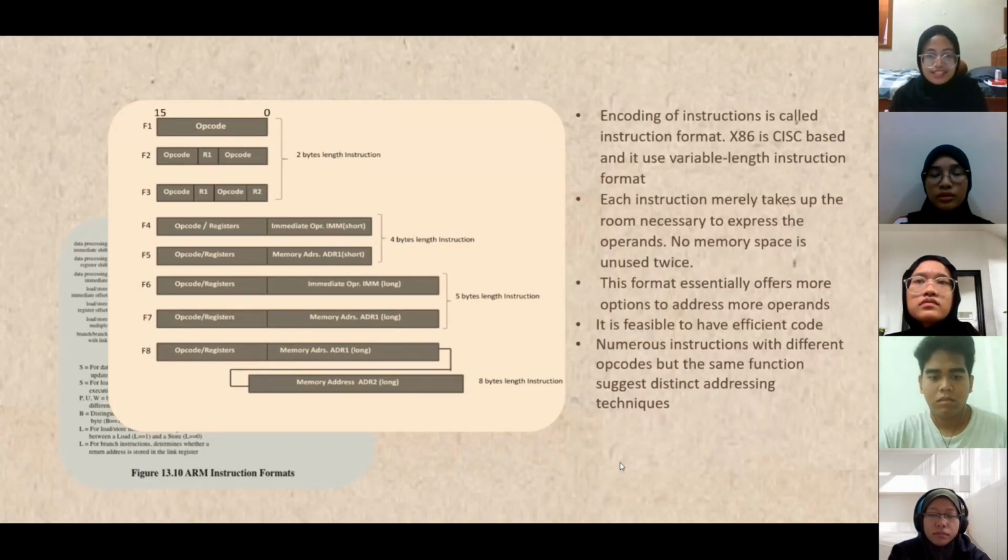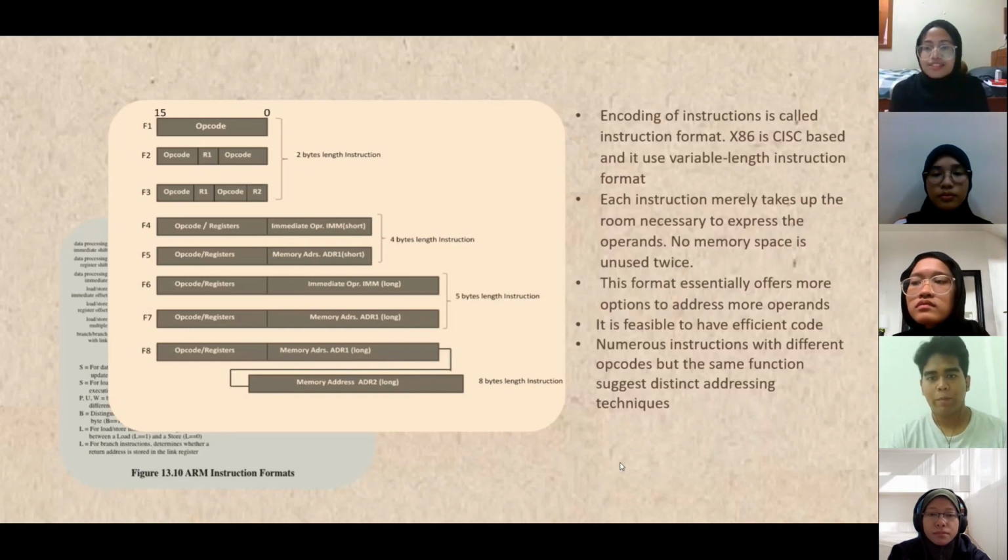So what is CISC based? CISC is complex instruction set computer. So CISC is a computer architecture in which a single instruction is capable of performing many low-level actions, multi-step operations, and addressing modes.